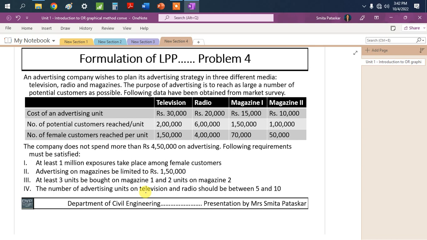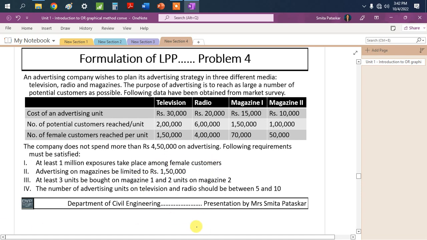So we have to maximize it, and the company does not spend more than rupees 4,50,000 on advertising. So the total cost of these media and this advertising is 4.5 lakhs, and for that these are the 4 different conditions which we have to satisfy.